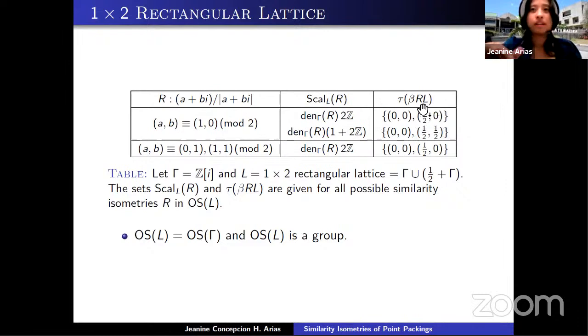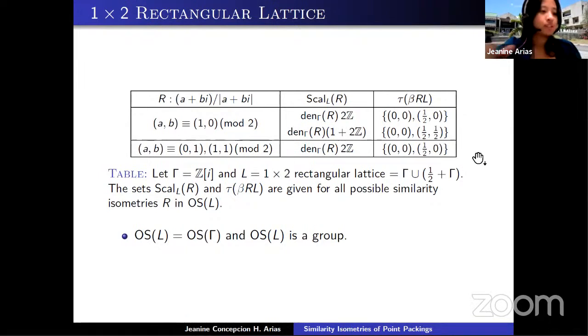And to interpret tau, for example here, the pair 1/2, 0 means that beta r 1/2 plus gamma is a subset of gamma. Here, 1/2 means beta r 1/2 plus gamma is a subset of 1/2 plus gamma.